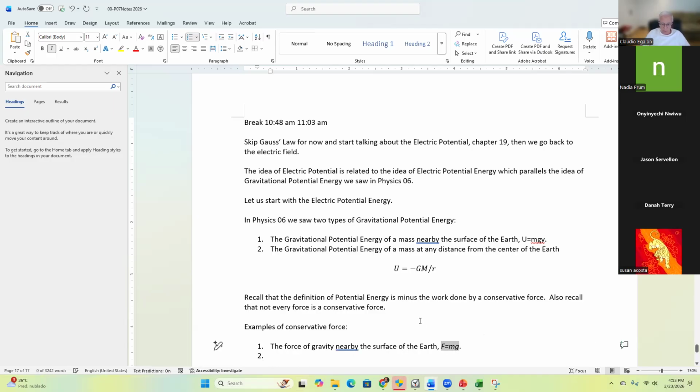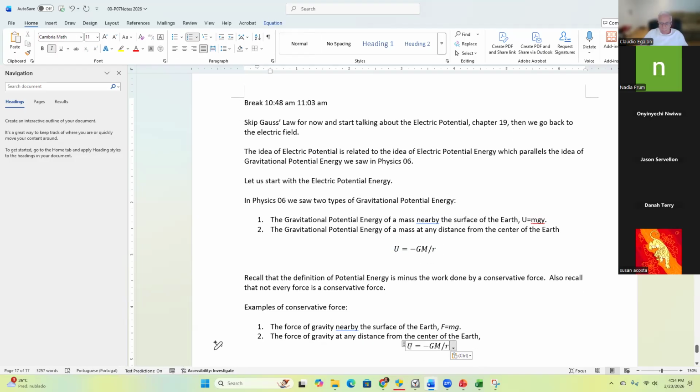Another conservative force is the force of gravity at any distance from the center of the Earth. That force of gravity is given by F equal to G M m over r squared.